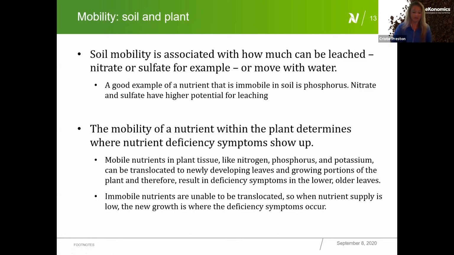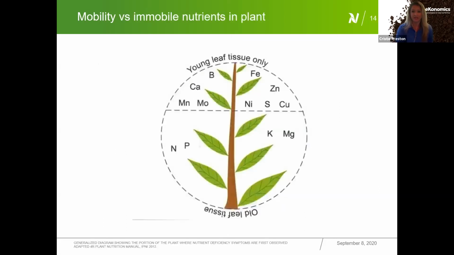When we talk about mobility in the plant, that really just means where you're going to see the nutrient deficiency symptoms. And that's important whenever it comes to nitrogen and sulfur, because a lot of times they're mistaken for the other one. Now, this is a picture from IPNI that depicts where you will see these nutrient deficiency symptoms.